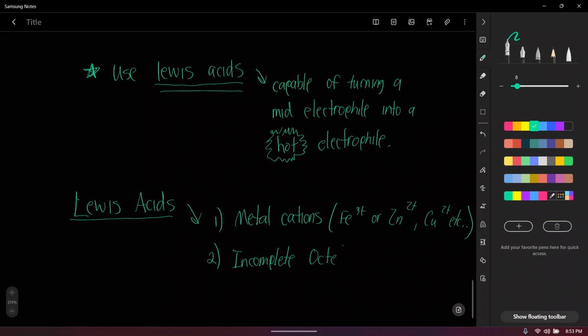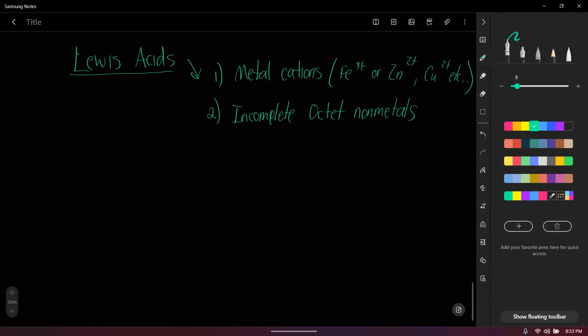So incomplete octet nonmetals. And if you remember from your Gen Chem days, the atoms that have incomplete octets are the ones in group 2 and 3.